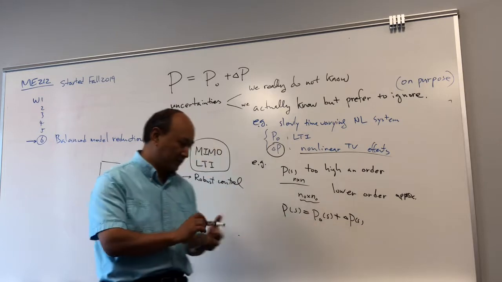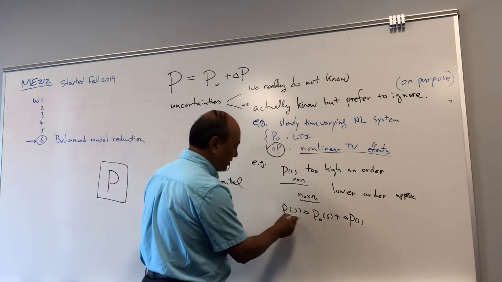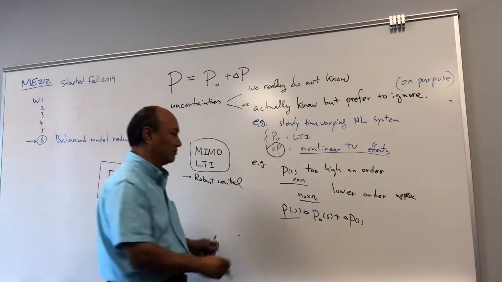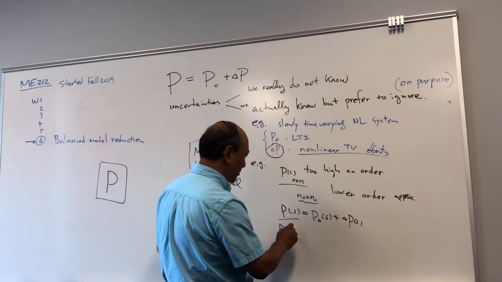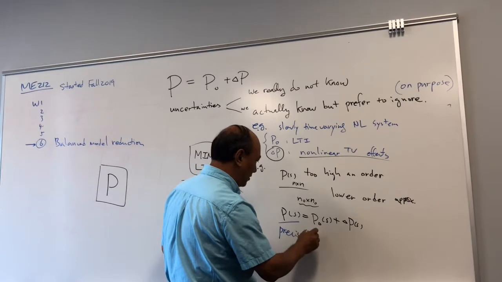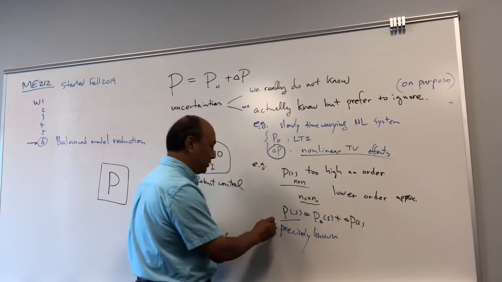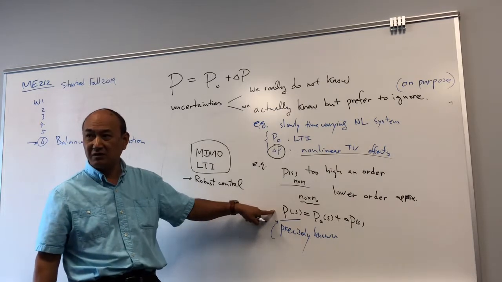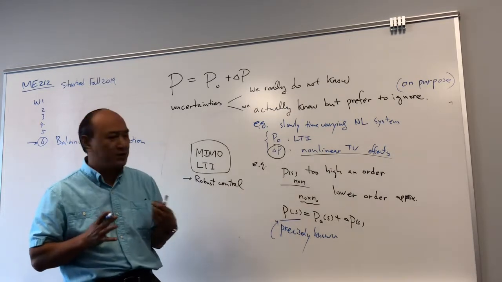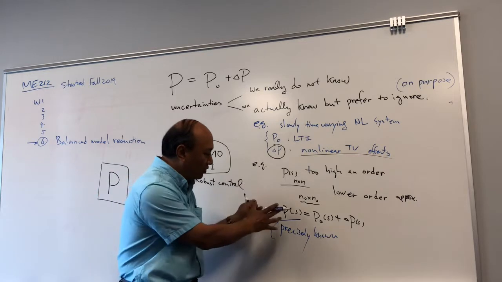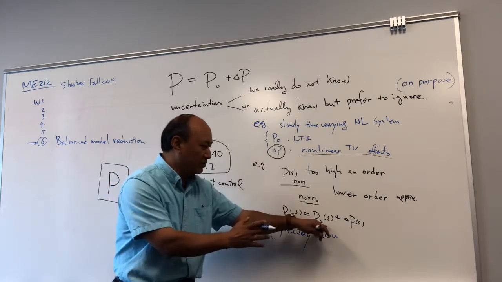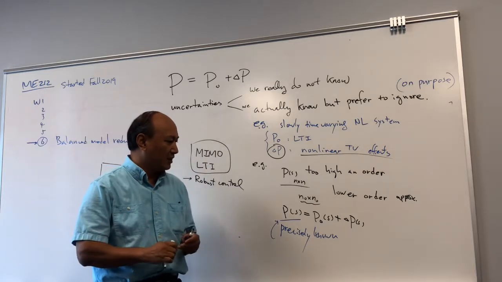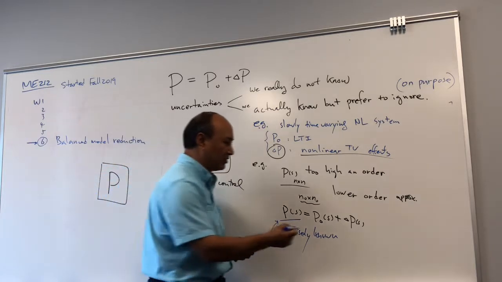In this case, even this P is precisely known. It's possible that this system is precisely known, and we on purpose want to make this model into a simpler model, with all other parts going into uncertainty.